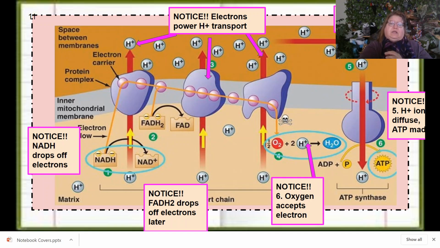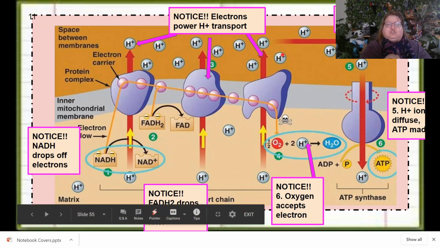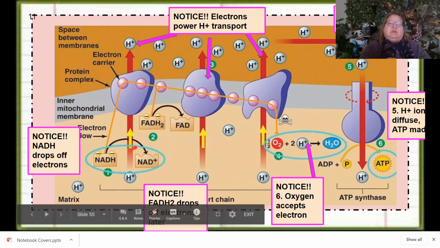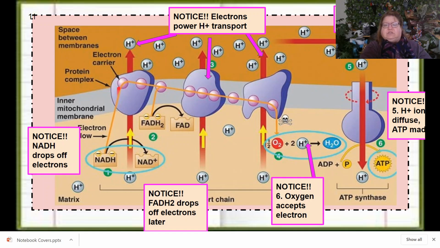And that hydrogen gradient is so important that if it's not there, ATP is not getting made. So where is the source of electrons? NADH and FADH2 are bringing and dumping the electrons. Where's the electron going? The electron is going down through our electron transport molecules, eventually to oxygen.